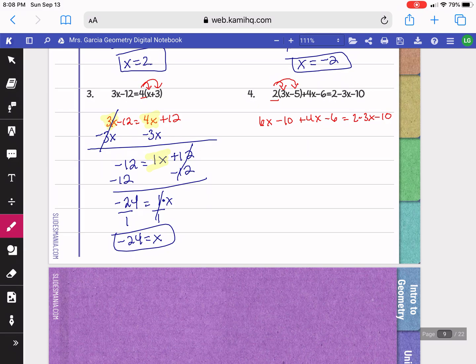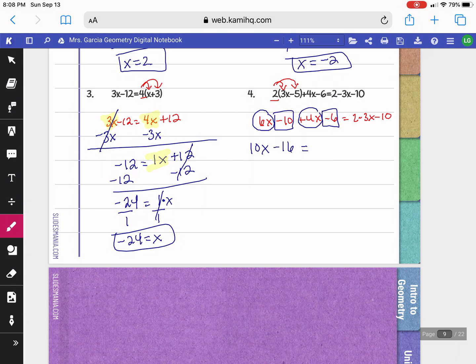Now, I'm going to continue by combining like terms, because my two sides aren't simplified. I need to make them as small as possible. So on the left side, only on the left, I can combine 6x plus 4x. Since they're on the same side, we're combining them. We're not undoing them. So 6x plus 4x is 10x. And then negative 10 and negative 6, or negative 10 minus 6, is negative 16.